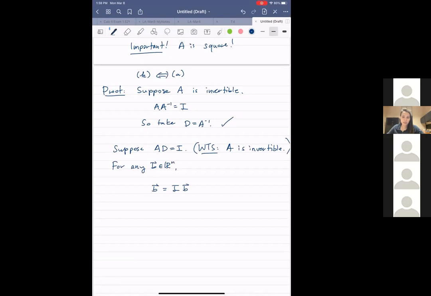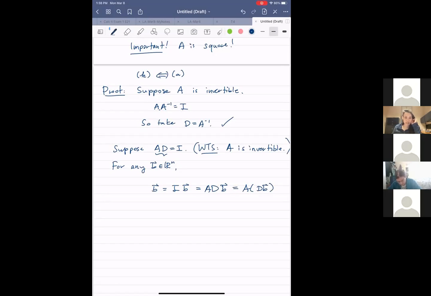So B is equal to the identity times B, but we can replace that identity with A times D, because A times D is equal to the identity. So A times D times B, right? That's fine. And then we can group this. So A times D times B equals B, right?